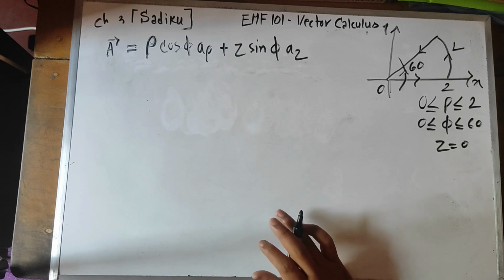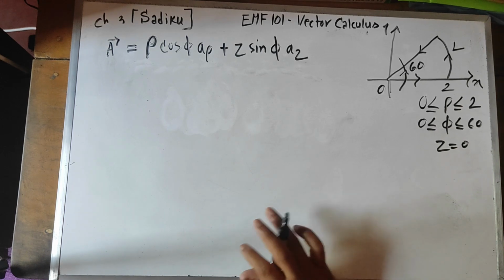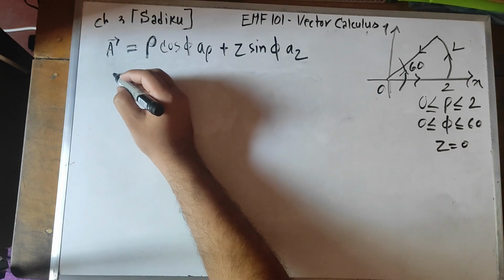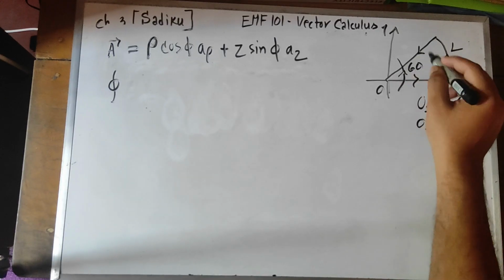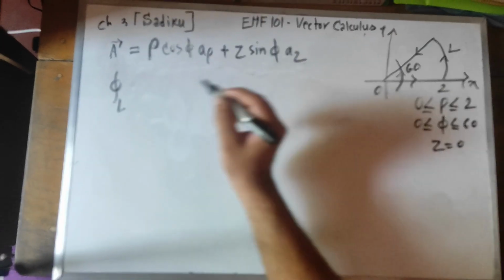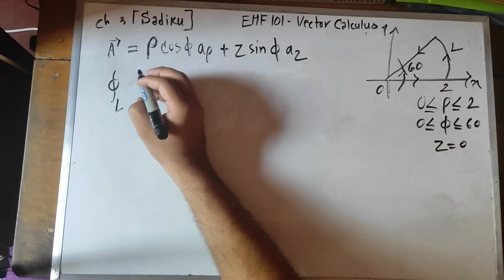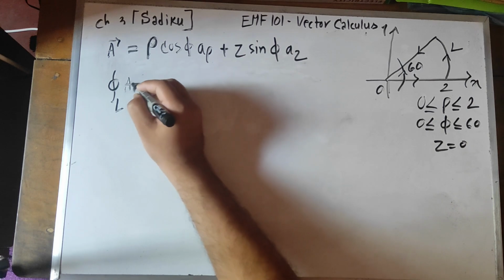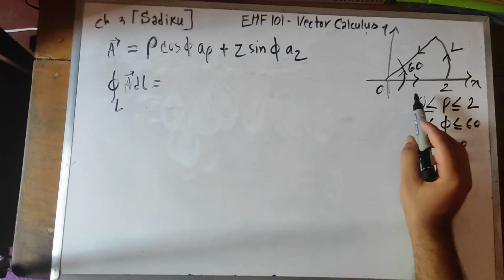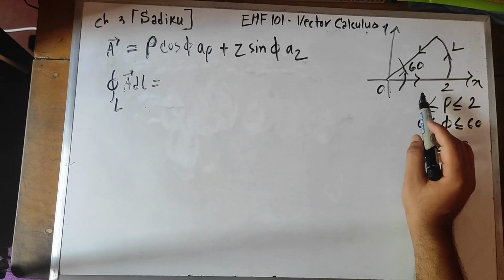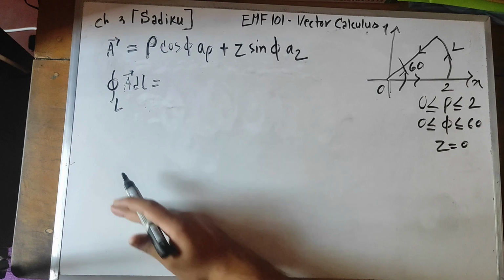So first let us find the circulation. Circulation means closed path, so let us first divide the closed path ∮A·dl into three parts.